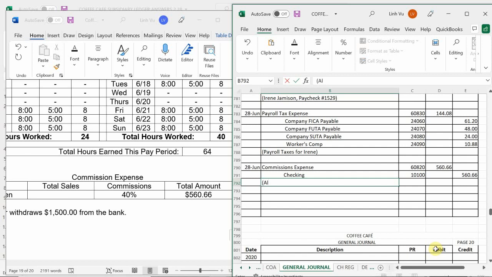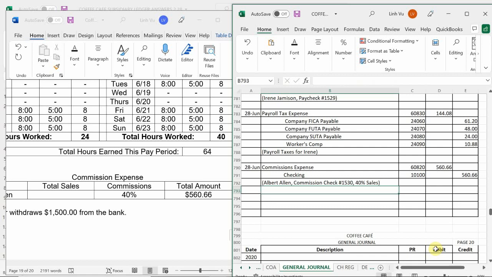So Albert Allen, commissions, check number 1530, right? And of course, it is going to be 40% of sales. Okay? And there you have it.